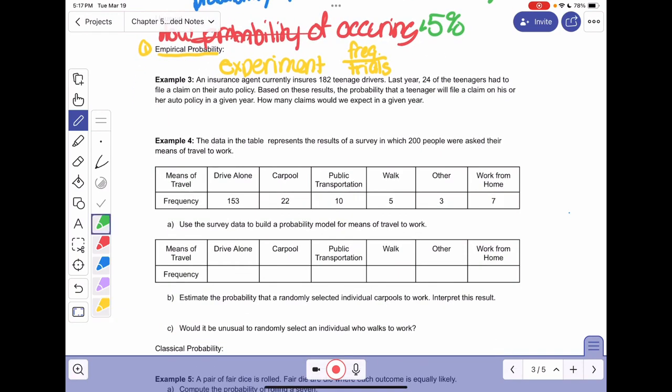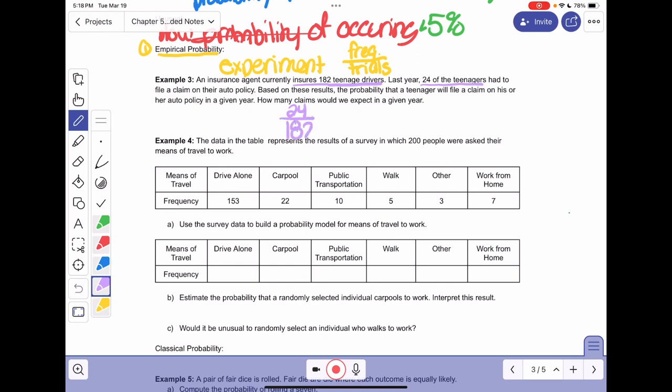So for example, here with our example 3, an insurance agent currently insures 182 drivers. Last year, 24 of the teenagers had to file a claim on their auto policy. Based on these results, what is the probability that a teenager will file a claim, and how many claims would we expect in a given year? So our frequency is the number that filed a claim, that's 24.